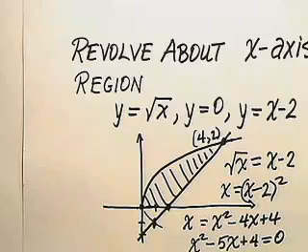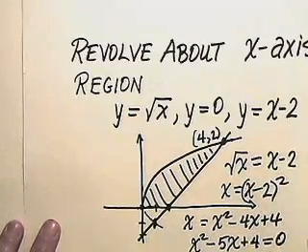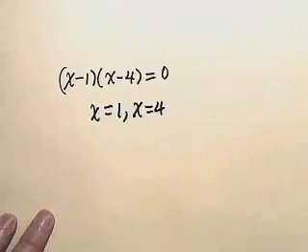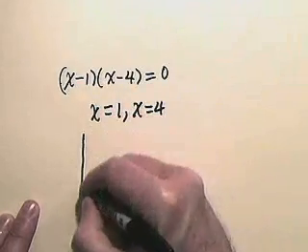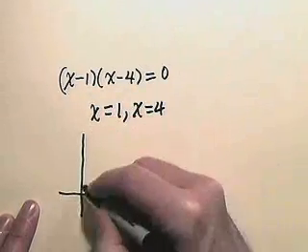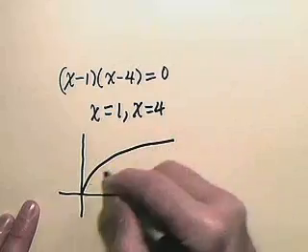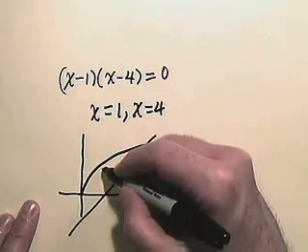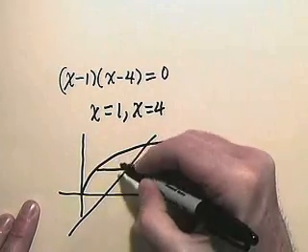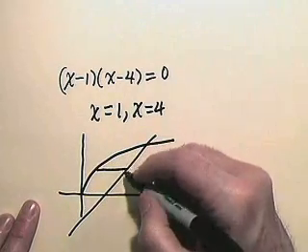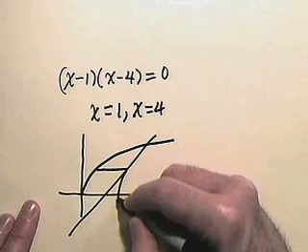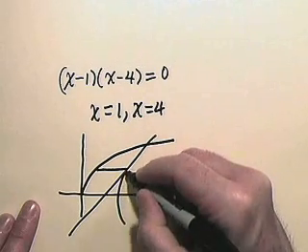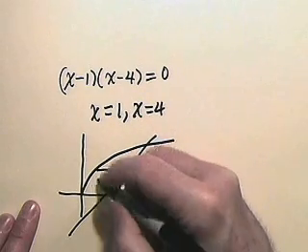Okay, so now let's look and see what we would get for our dV. So drawing the picture again, roughly, here's our line. Typical horizontal cylinder, now remember we're revolving around the x-axis, so our axis of symmetry for these cylinders is going to be the x-axis.